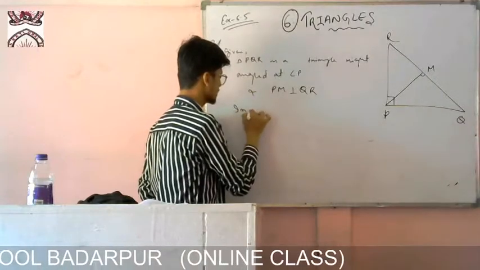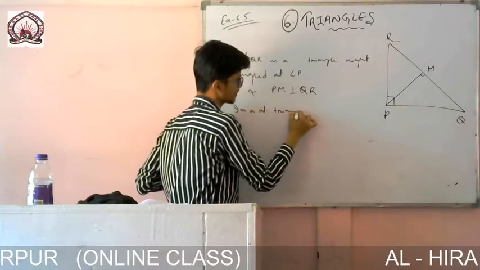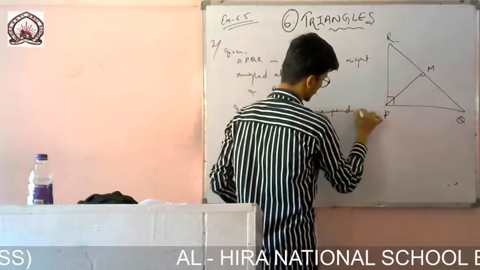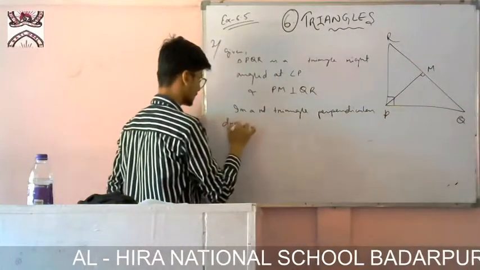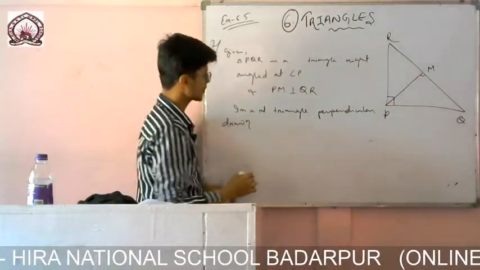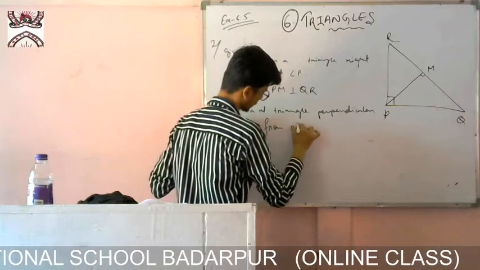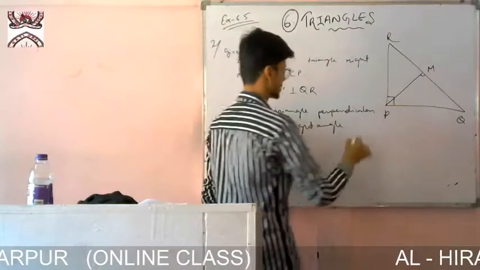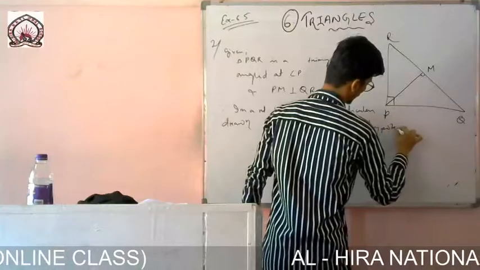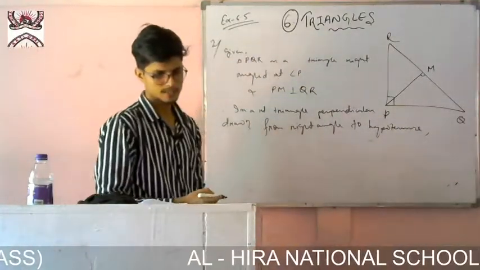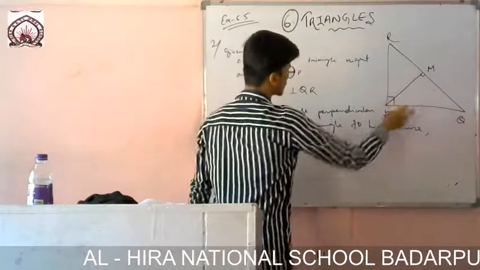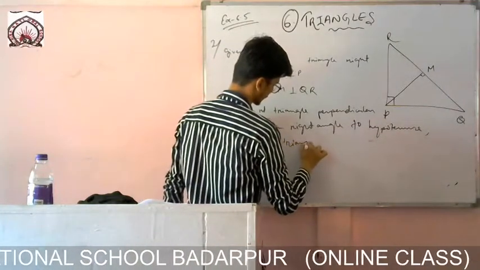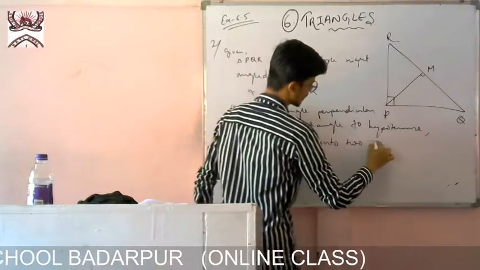So it will be like this: since in a right triangle, a perpendicular drawn from the right angle to the hypotenuse divides the triangle into two similar triangles.